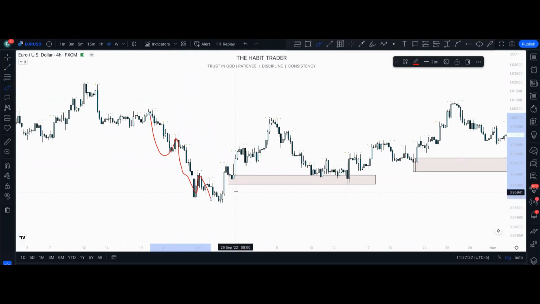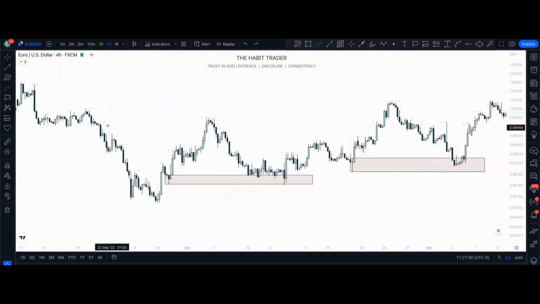I want to have a sample picture for you on how a demand zone is created when there is a bullish move. Since this is a bearish move right here, we see this bullish move right here that breaks this structure, right?